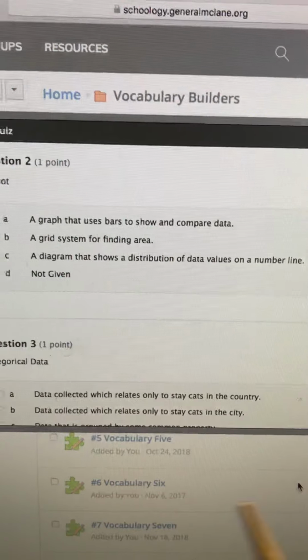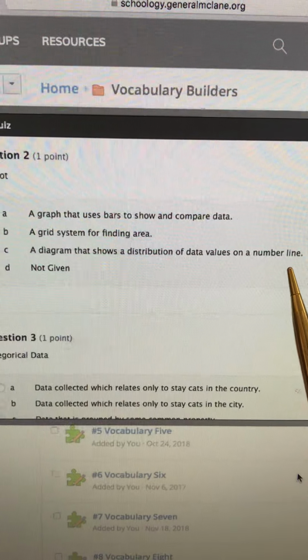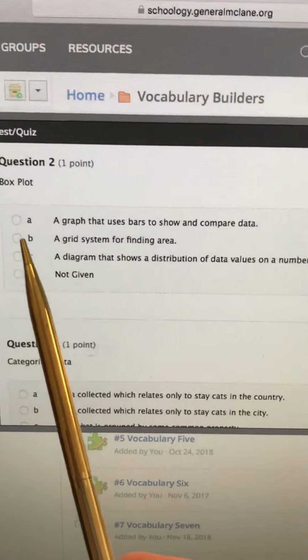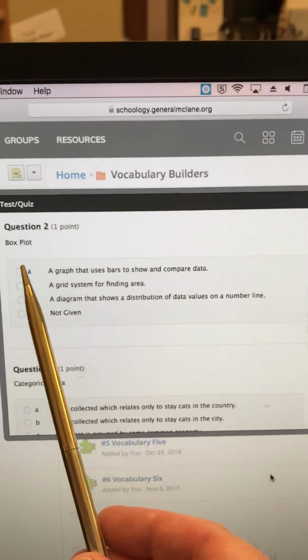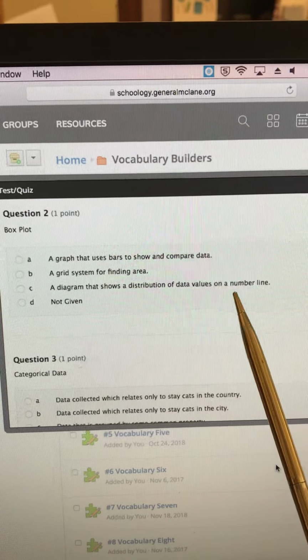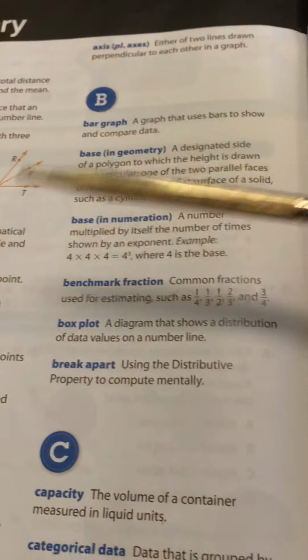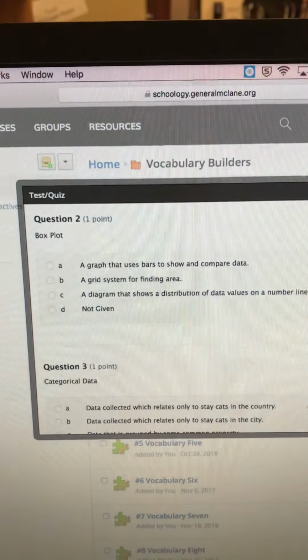A diagram, distribution, data value, number line. Look at that. The definition of box plot is exactly what it is in the book on Schoology. So all you had to do was look it up and match things.